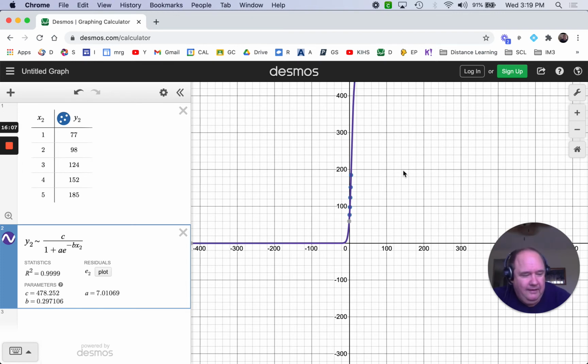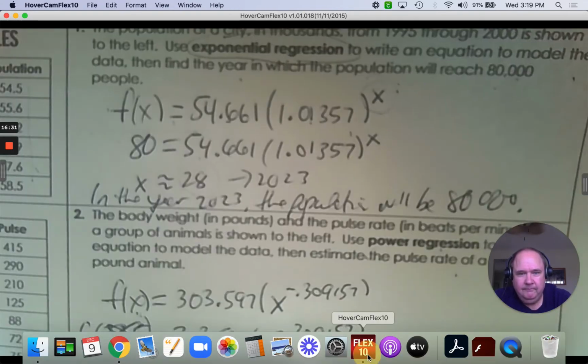So f of x equals, so C is 478. Well, I'll just round. 1 plus A, which is like 7. E is a number you know. And then B is like 0.3. So negative 0.3x. So there's a logistic growth model right there.